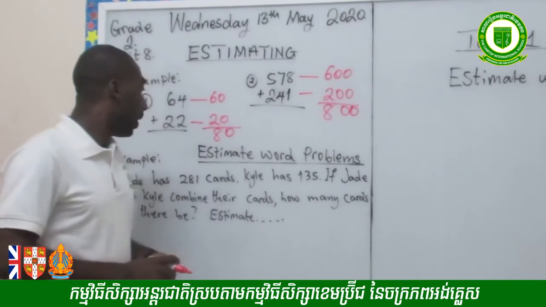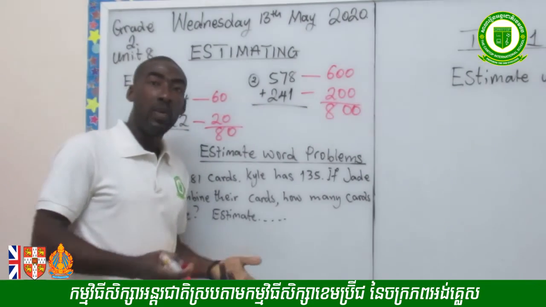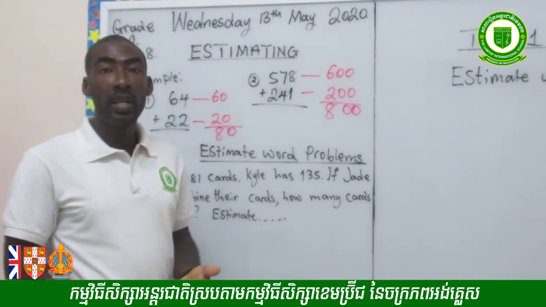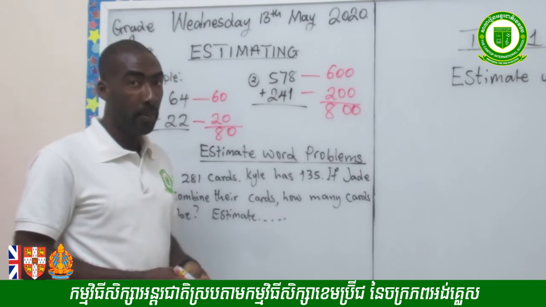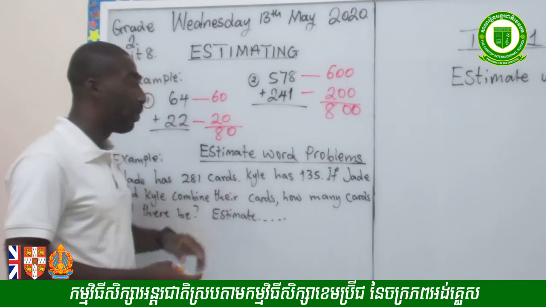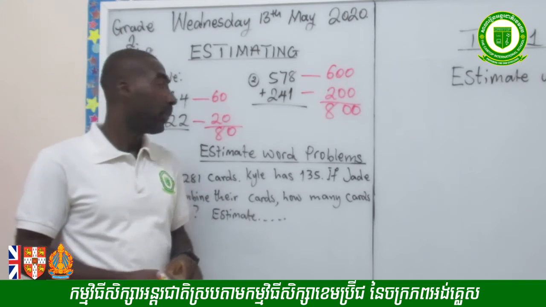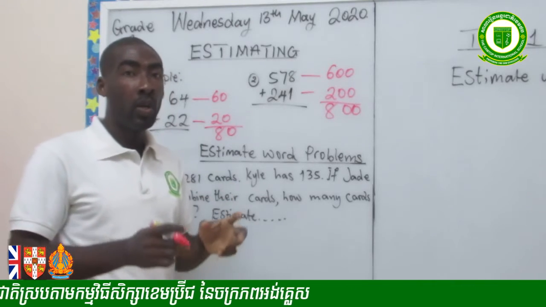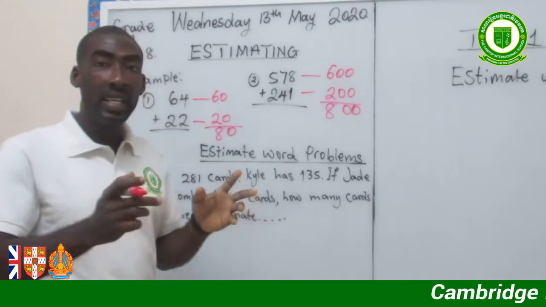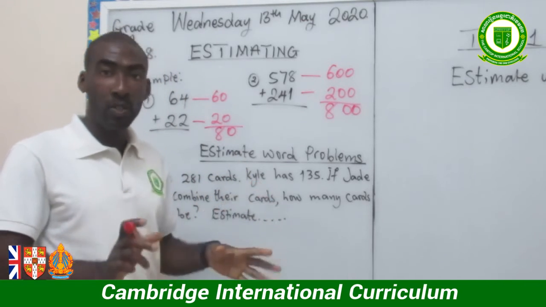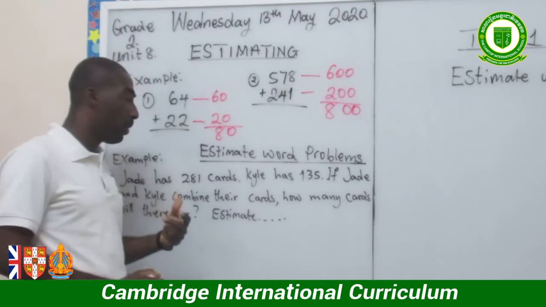Good. Today we will look at how we can do estimation if we are doing a word problem. Okay? So this is an example of a word problem that we have. And in a word problem you have to make sure you identify the keywords in the word problem that you are dealing with. Okay, now let's read.